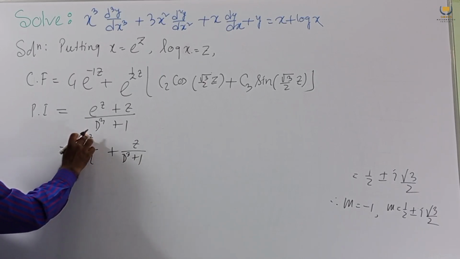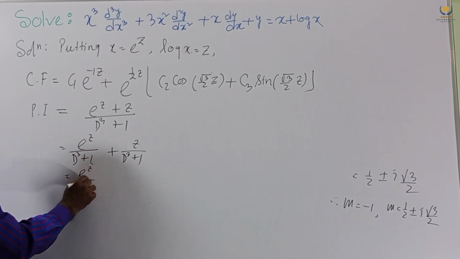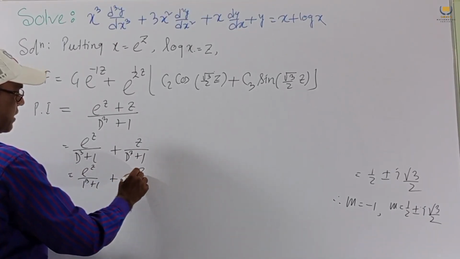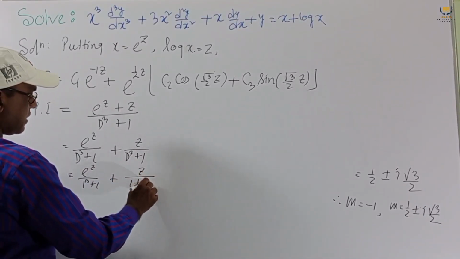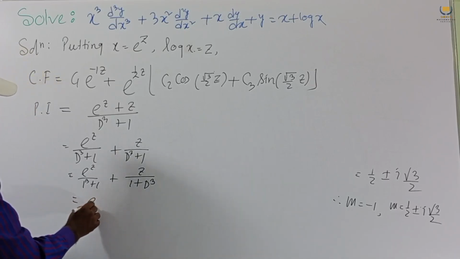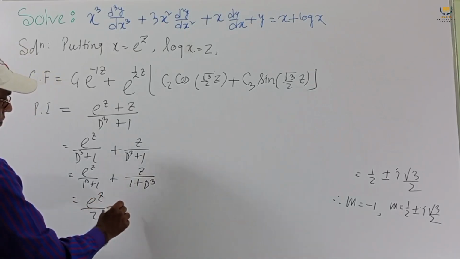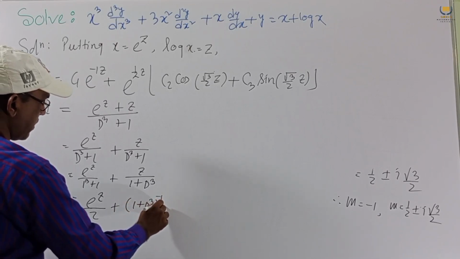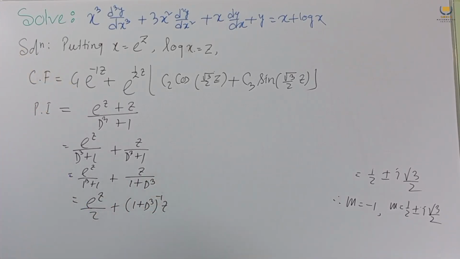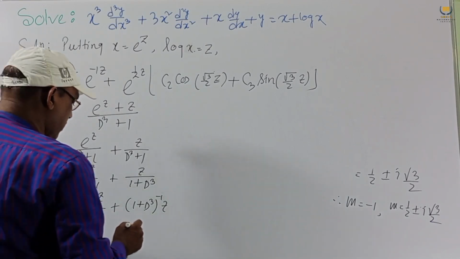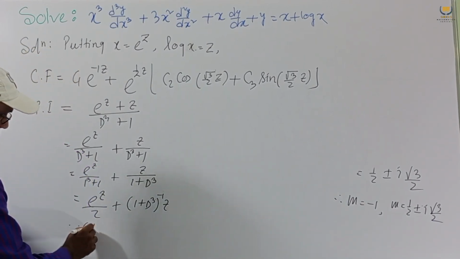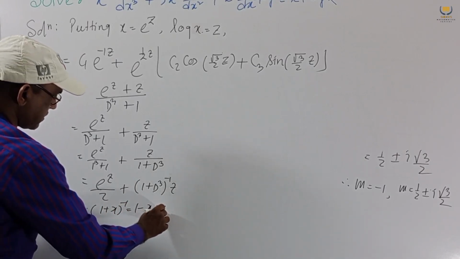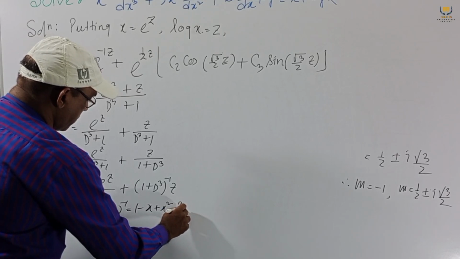For the first, putting D equal to 1, we get 1 cube plus 1, and the second is (1 plus D cube) to the power minus 1 z. By the formula, (1 plus x) to the power minus 1 equals 1 minus x plus x square minus x cube plus and so on.